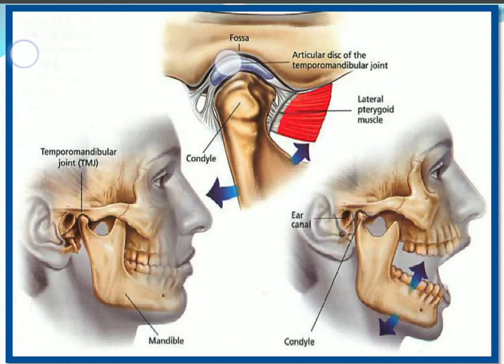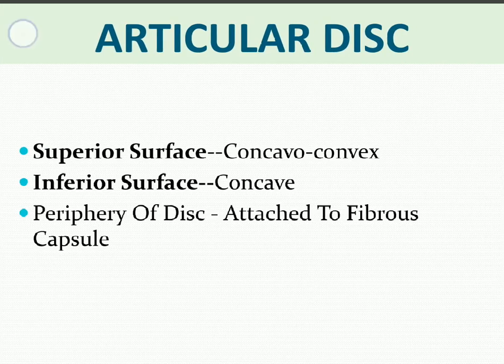It is both concave and convex, and the inferior surface is concave. And the fibrous capsule is attached to the periphery of this articular disc.